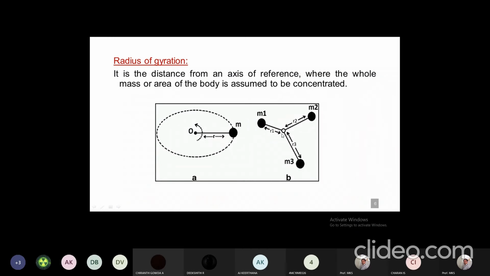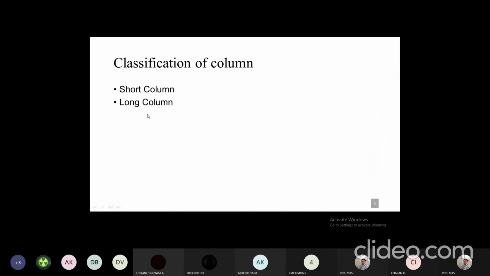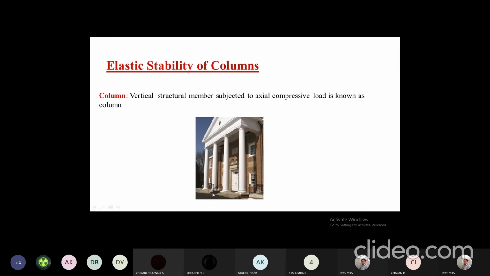Just a definition. Also, the short and long column can be defined with respect to radius of gyration. If the ratio of effective length, that is the length of the column, to its least radius of gyration is less than 50, then we call it a short column.